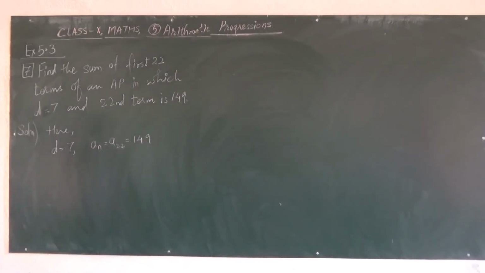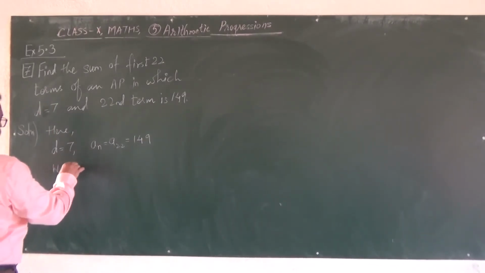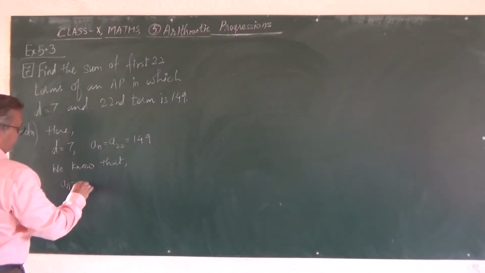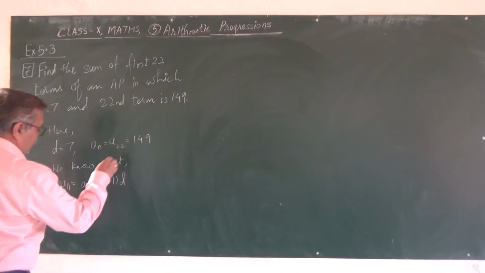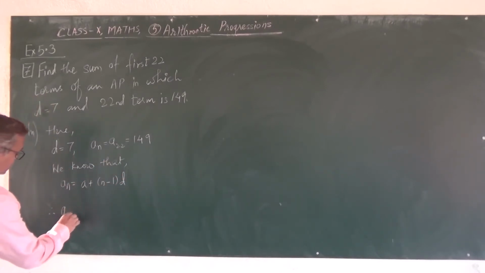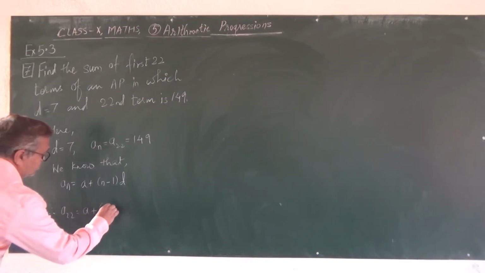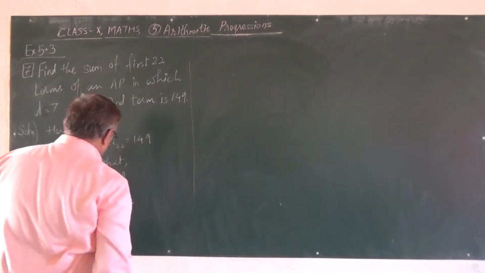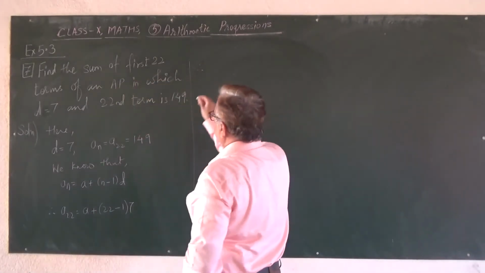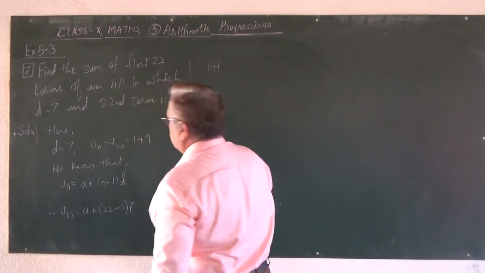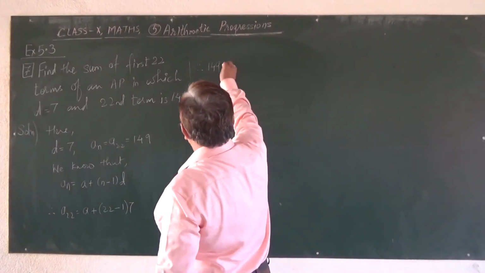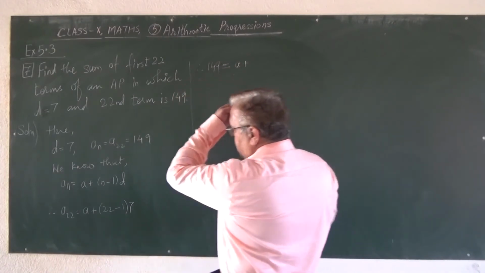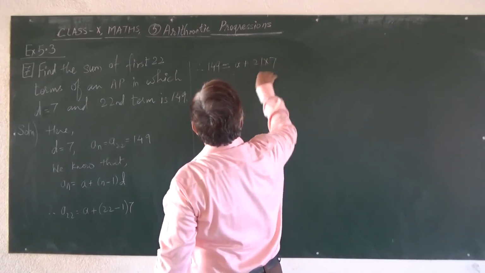Now we know that A22 is A plus 22 minus 1 into D, where D is 7. So what is the value of A22? The 22nd term of the given AP, its last term, is 149, equal to A plus 22 minus 1, that is 21, multiplied by 7.